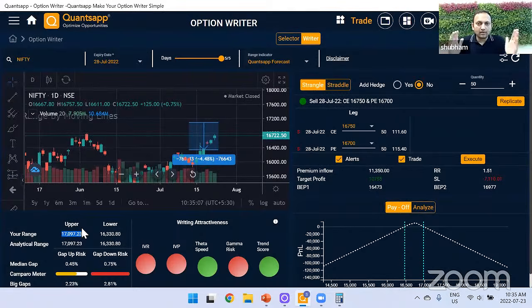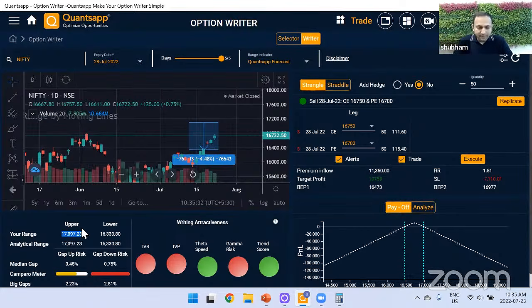Okay, now we have already achieved by using something like Quantsapp Forecast. Historically, the data says that we have achieved 84% strike rate in making sure that the range that I'm forecasting is right. But how will we get that 84% completely will depend on what strategy we go and create, and if the strategy that we are creating is correct or not.